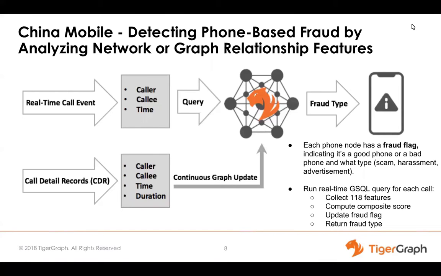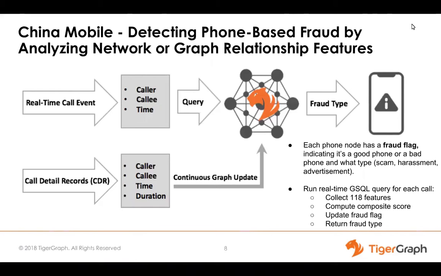And if it is, what type of fraud? Each phone number in the graph has with it a fraud flag. If we recently determined that this caller is making bad calls, then we set the flag. So if another call comes in soon afterwards, we don't have to re-examine. We've already determined that this is a bad caller, and so we can immediately tag the new call as also fraudulent.